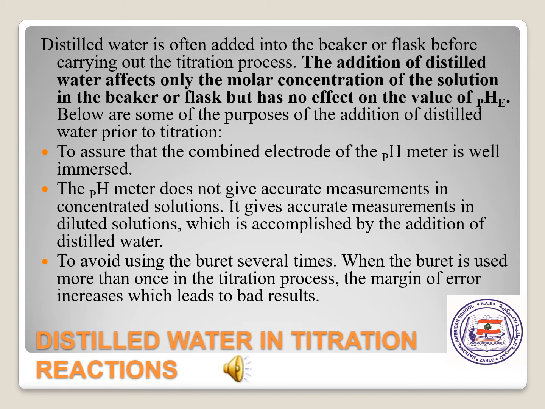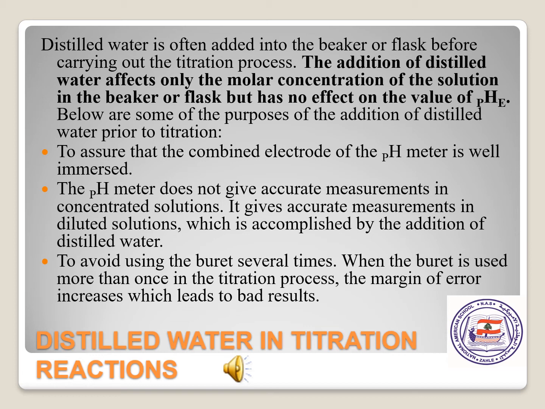Distilled water and the titration reactions. Distilled water is often added into the beaker or the flask before carrying out the titration process. The addition of distilled water only affects the molar concentration of the solution in the beaker or the flask, simply because when you add distilled water, the volume increases, and when the volume increases, the molar concentration of the solution will definitely decrease.